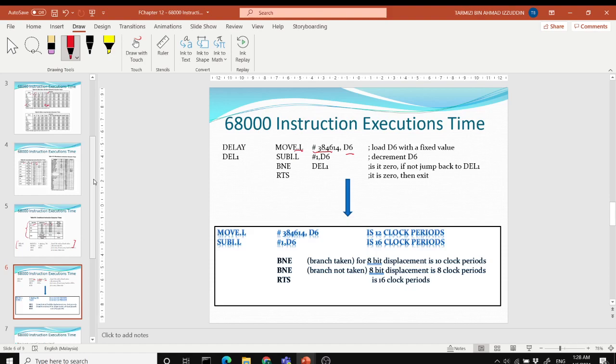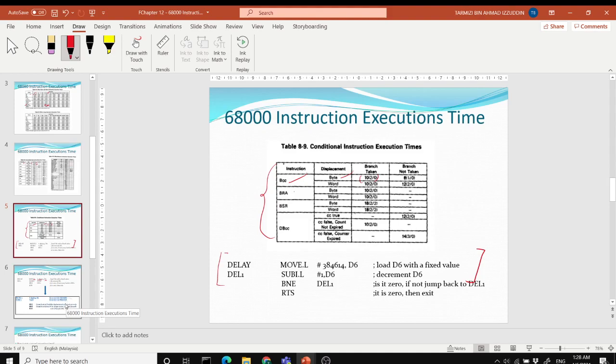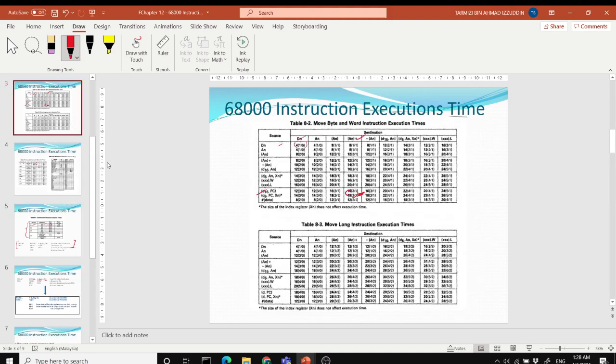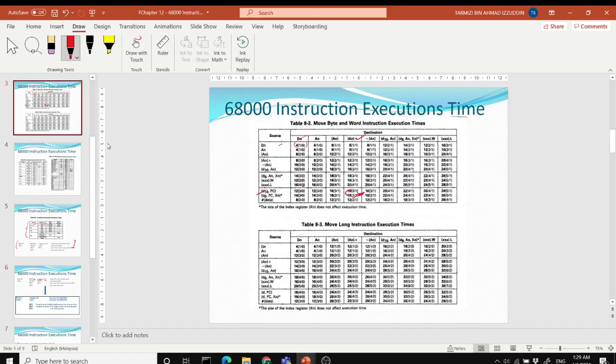So we check back on the chart over here, moving a number of long size to a data register, how many clock cycles are required?